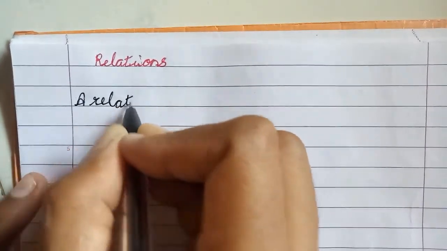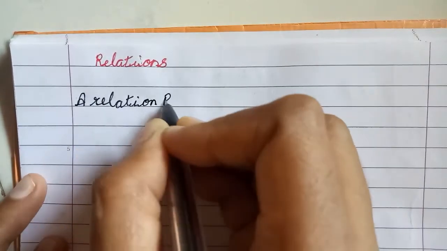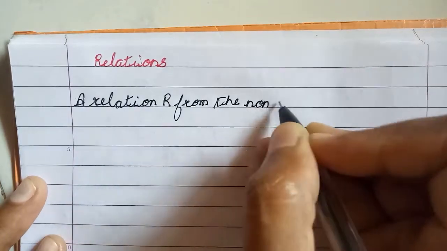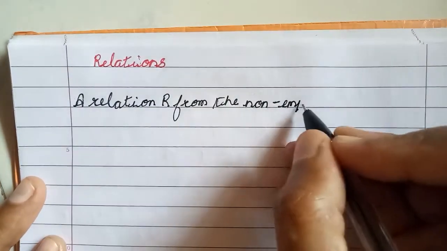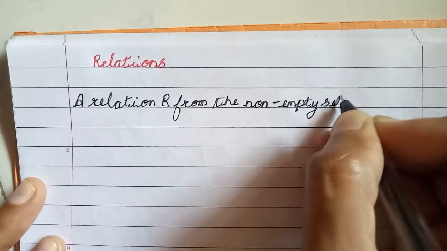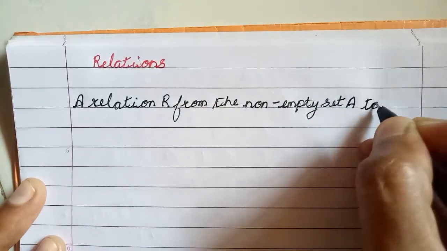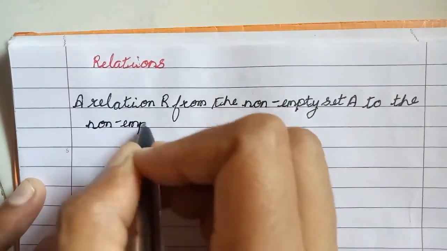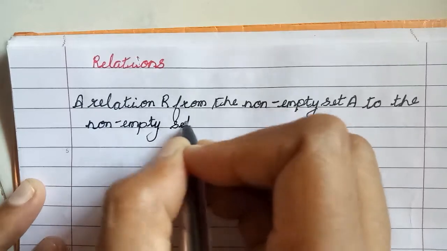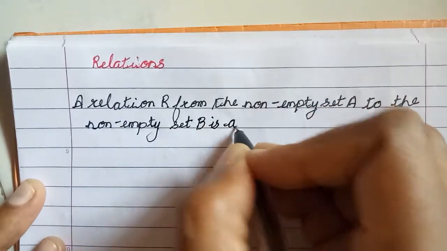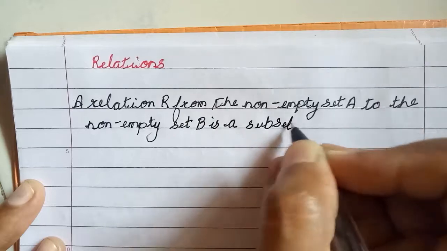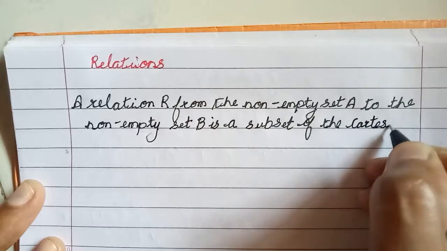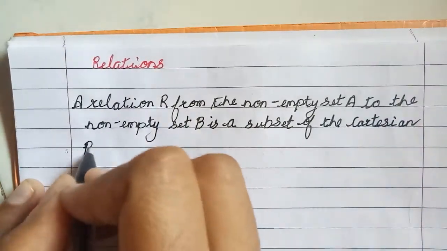A relation from the non-empty set A to the non-empty set B is a subset of the Cartesian product A cross B. If you remember, children, in my last class you have seen what is a Cartesian product, right?